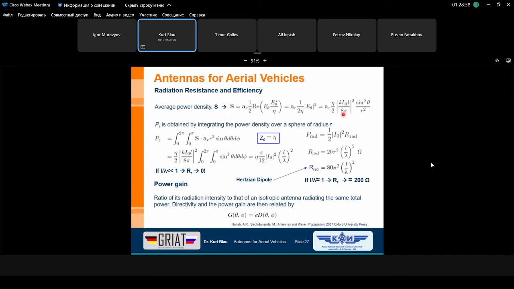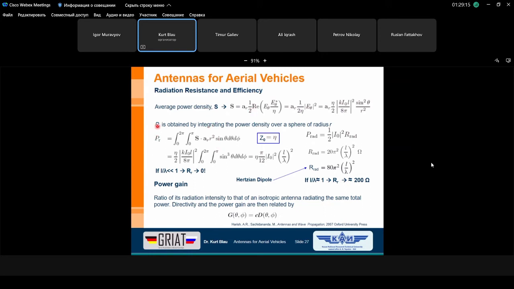And here we know these values: k, the current delivered at the origin of the dipole, the length of the dipole squared. And it's also well known from our developed formula: we have the sine squared of the angle theta, divided by the square of the radius or observation distance.